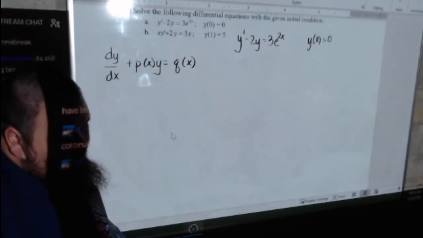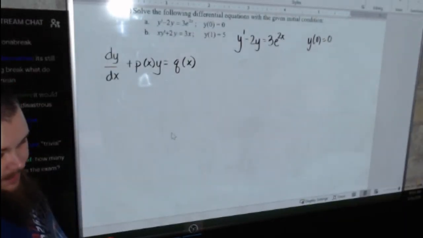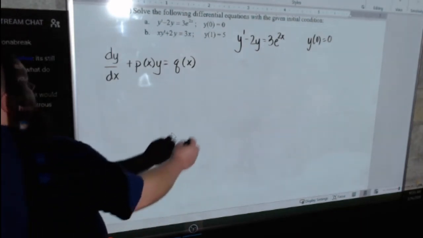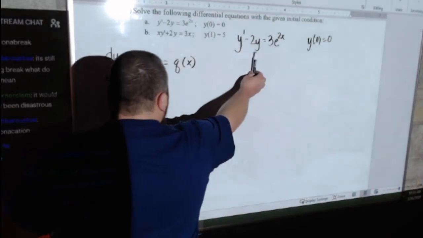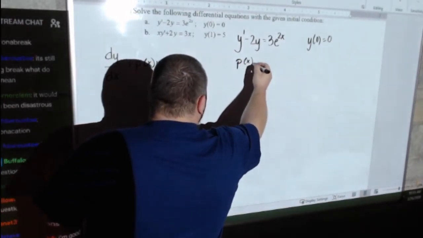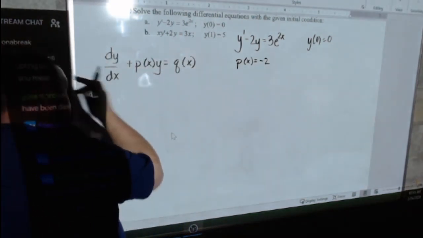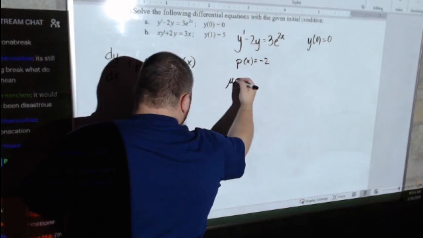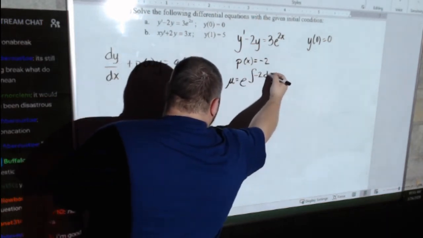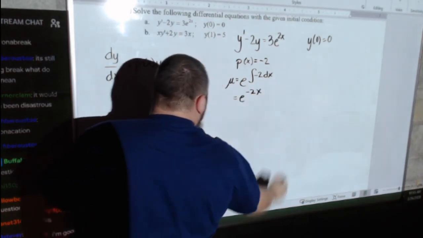From that form, we can decide what p of x is. We're already in that form, so p of x here is -2, and our integrating factor is e to the integral of -2 dx, or e to the minus 2x.